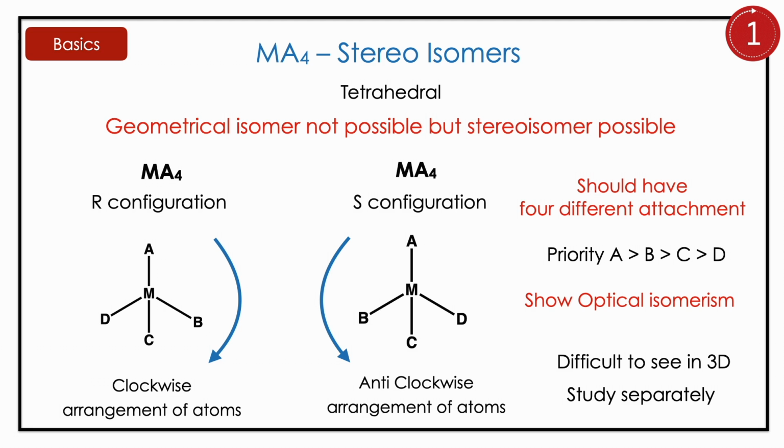Basically, the arrangement of atoms. This is difficult to view in 3D, but you can understand in the plane. This kind of isomer shows optical isomerism, that is, it can rotate the light. So you should know tetrahedral has R and S configuration. That is stereoisomer.